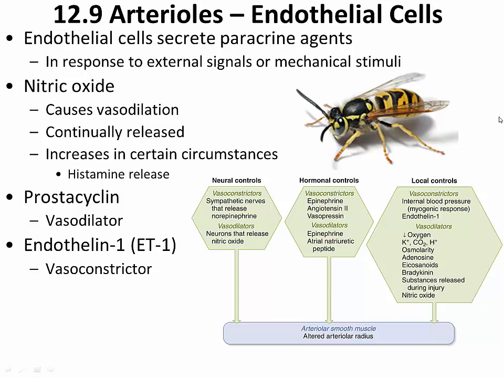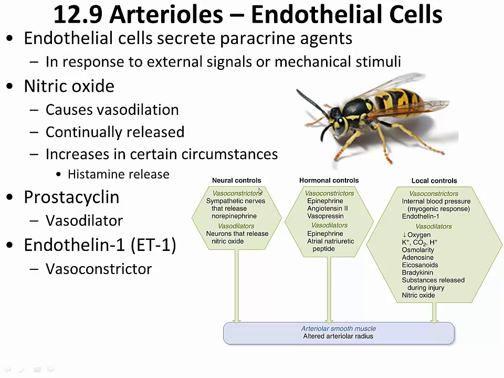So we have a summary diagram there, figure 12.36, that looks at all the different factors that we have examined controlling the contraction state of smooth muscle in arterioles. We talked about all the local controls that are involved in active hyperemia and flow autoregulation. We talked about hormonal controls that have an impact on the smooth muscle contracting state, including epinephrine, angiotensin, vasopressin, and then some of the less important hormones like atrial natriuretic peptide.